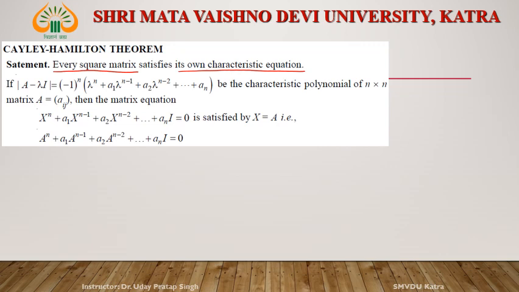Right? If A is a square matrix, then determinant of A minus lambda I equal to 0 is the characteristic equation.